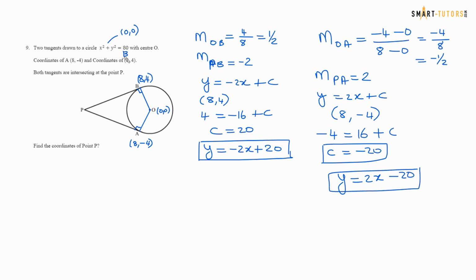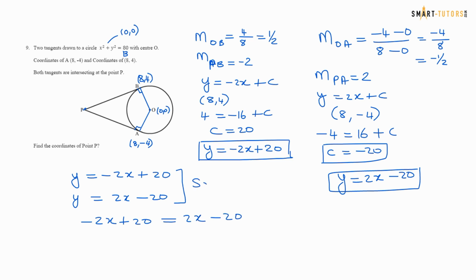The two lines intersect at P, so we need to solve the two equations. The easiest way: y equals minus 2x plus 20 is one line, y equals 2x minus 20 is the other. So we equate them: minus 2x plus 20 equals 2x minus 20.